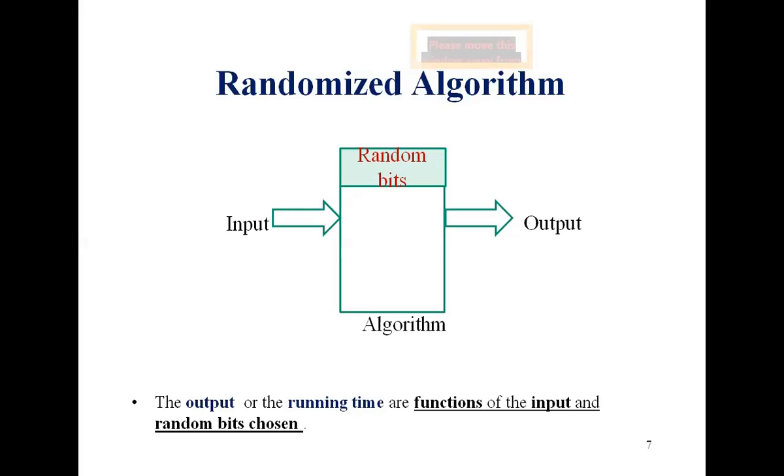Based on that, the output of the algorithm depends. So in the deterministic algorithm, the output depends only on the input, whereas in the randomized algorithm, the output depends on the random bits which we are using in the algorithm and also the input.